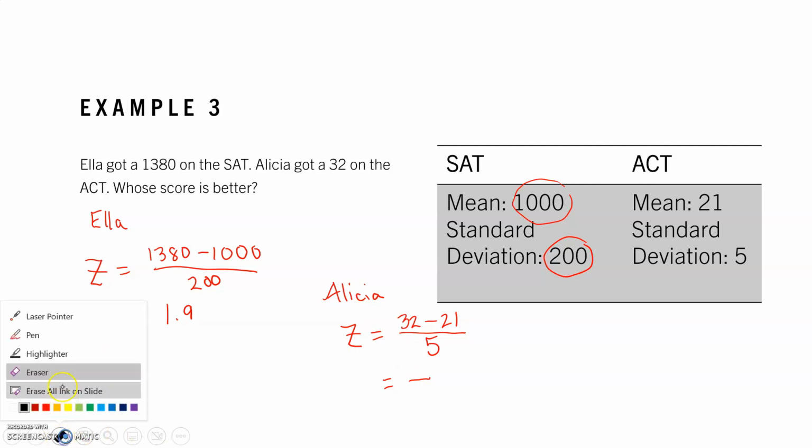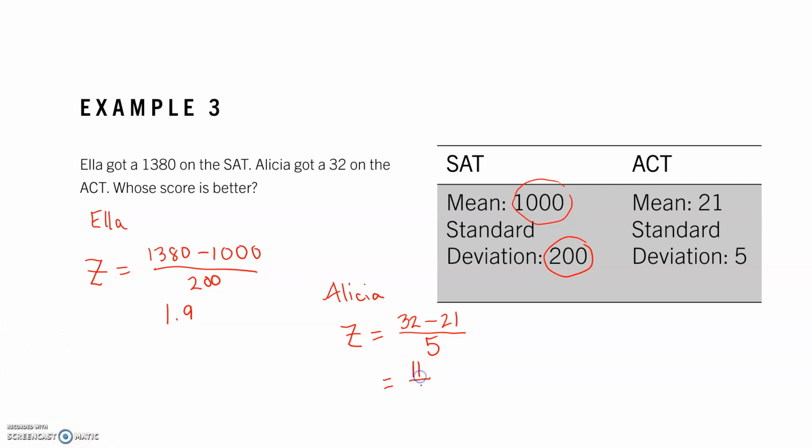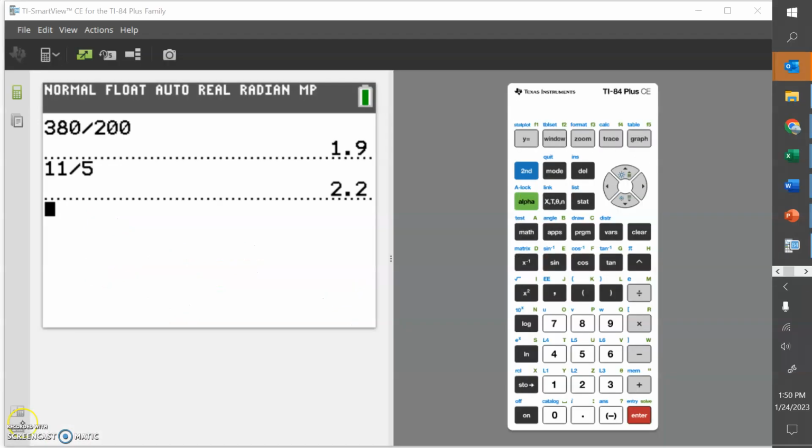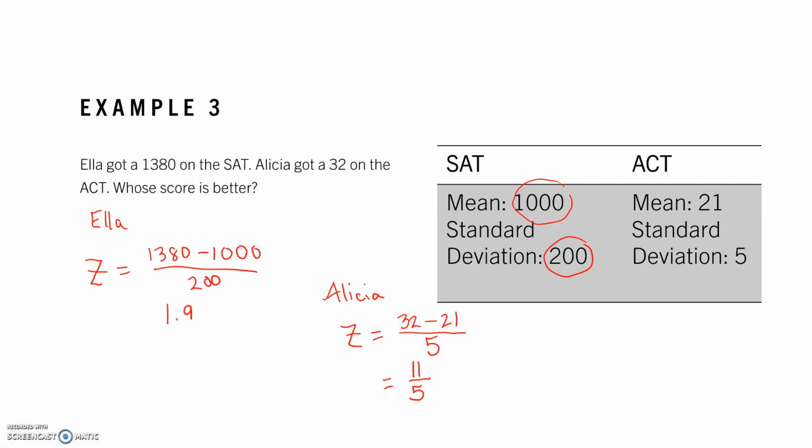So her Z-score would be 11 divided by 5, 2.2, and 2.2 is going to be a better Z-score than Ella's. So Alicia's score is actually better because she has a Z-score of 2.2. She's more than 2 standard deviations above the mean.